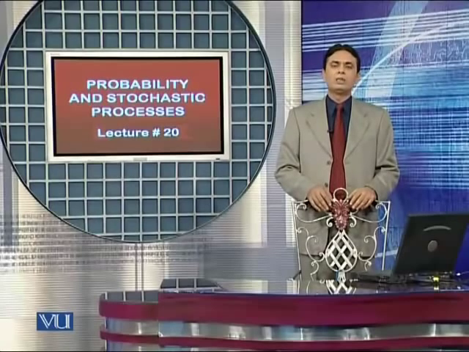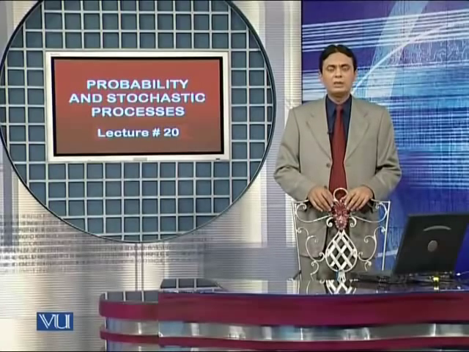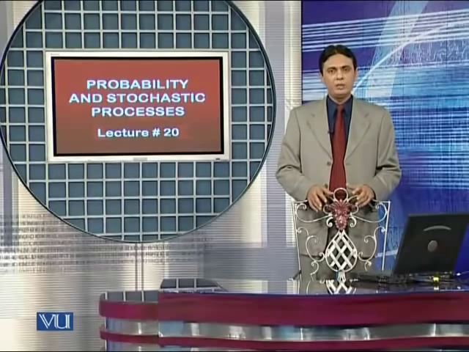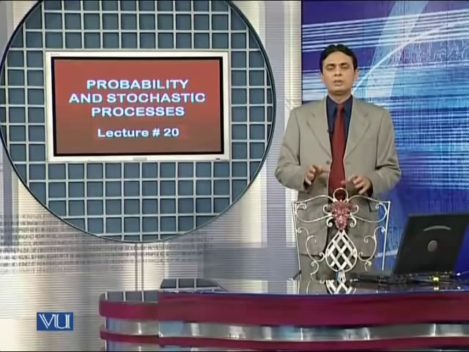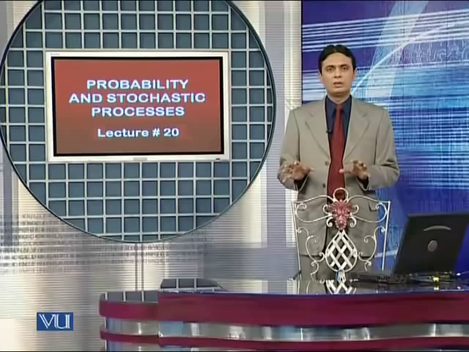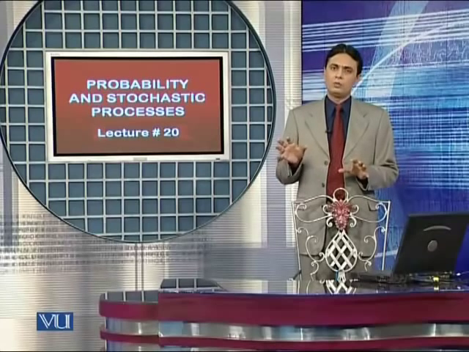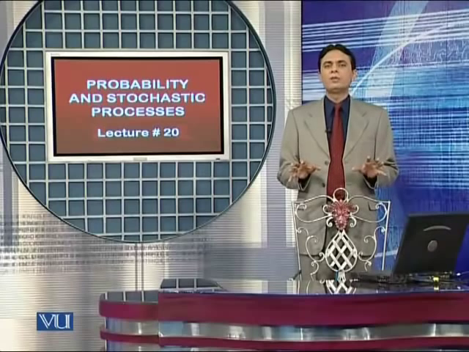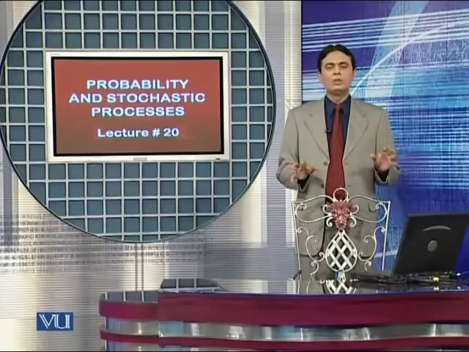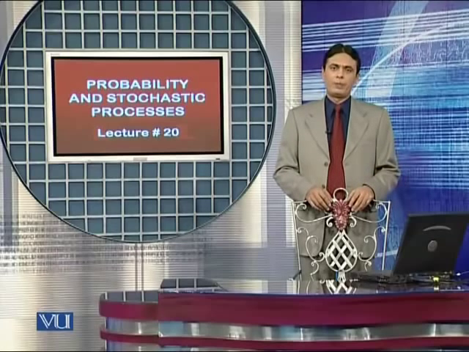joint behavior in a much simpler manner because their joint PDF can be separated into two functions, where one involves only the parameter related to one random variable and the other function involves the parameter related to the other random variable.